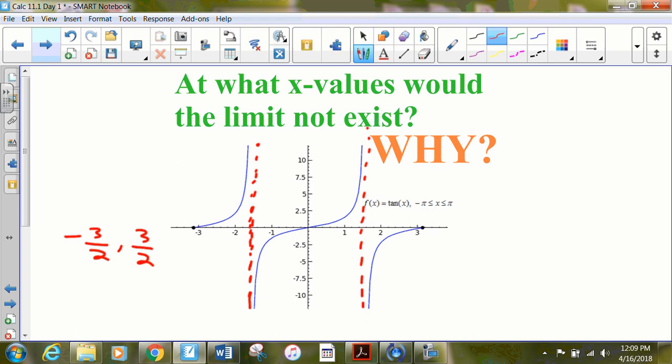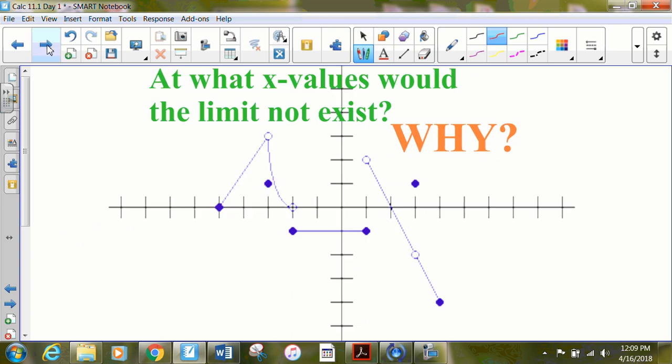And why? Because f of x is shooting off to positive infinity or negative infinity. So the limit would not exist there. All right, let's look here. At what x values would the limit not exist? Right here, where x is equal to -2, because as we approach -2 from the left, the function is approaching 0.